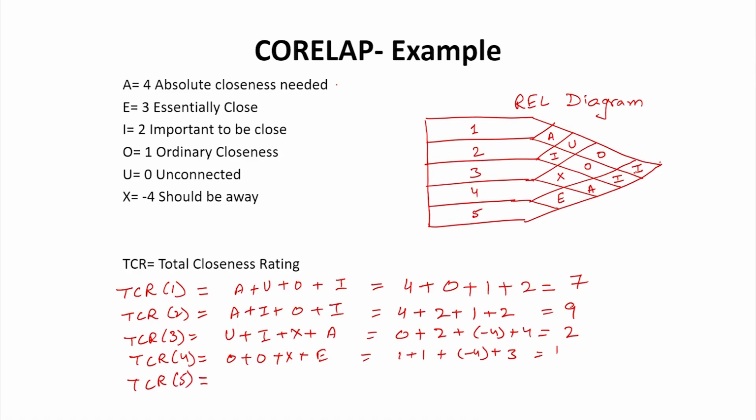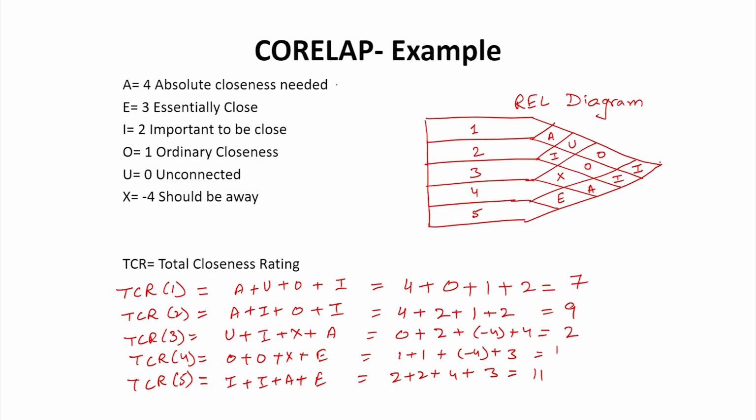So, it is simple: I, A and E. I plus A plus E. So, the score is 2 plus 4 plus 3, 11. Okay. So, like this we have determined the total closeness rating required for various departments.